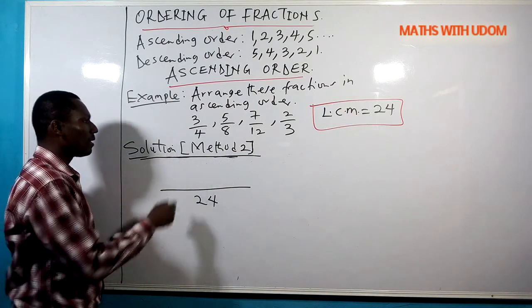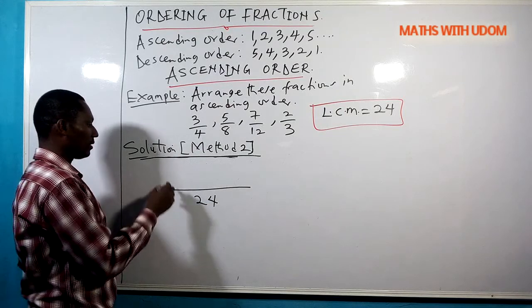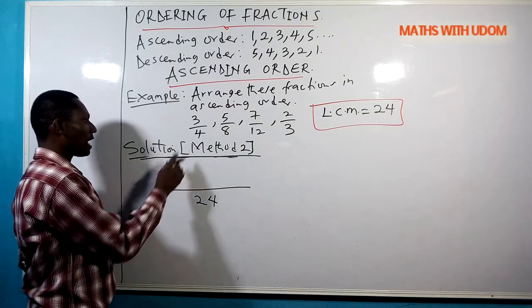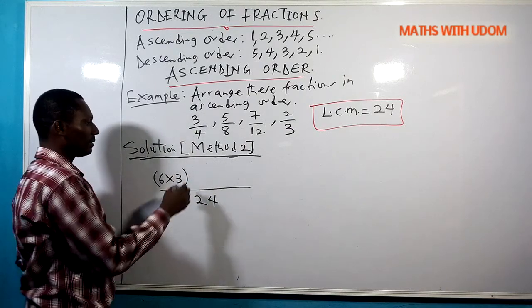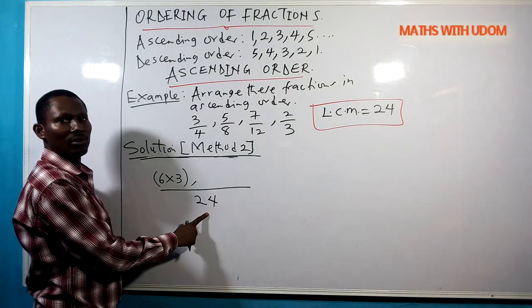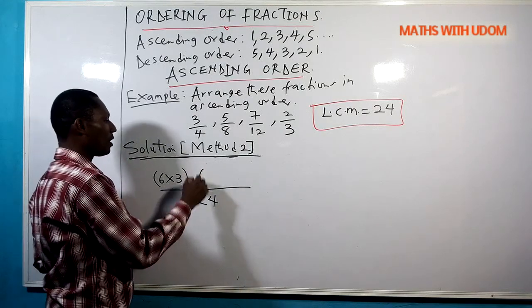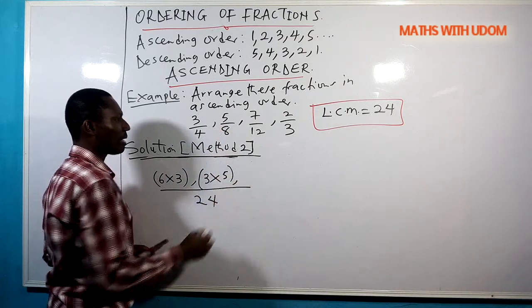So what do you do? So how many 4 can go in 24? 6, okay? That will be 6 multiplied by the 3 numerator, by numerator 3, okay? Then, comma, how many 8 can go in 24? 3. So open your bracket, 3 multiplied by your numerator 5. Comma again.